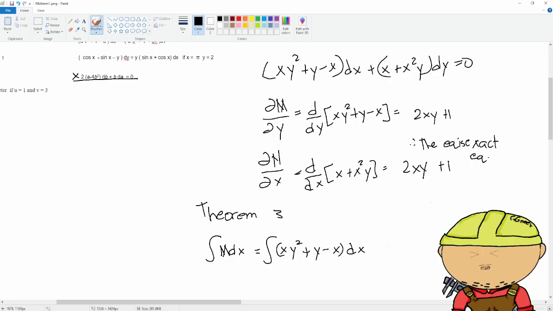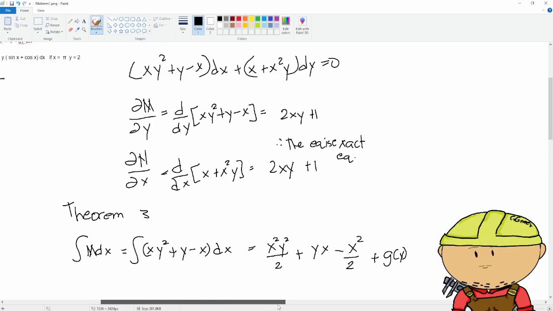For the left side, that will become x squared y squared over 2. See, we're only looking at the x, you don't look at your y. Then plus g of y. We add g of y at the M dx.